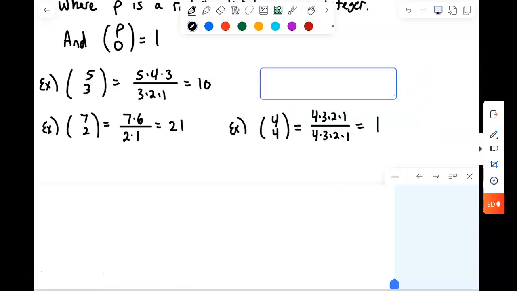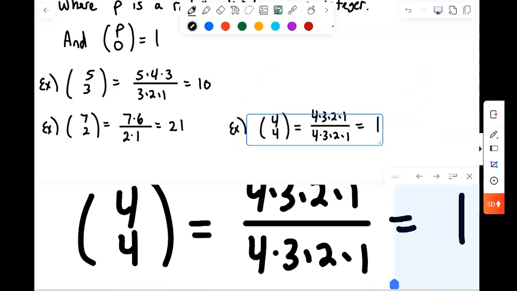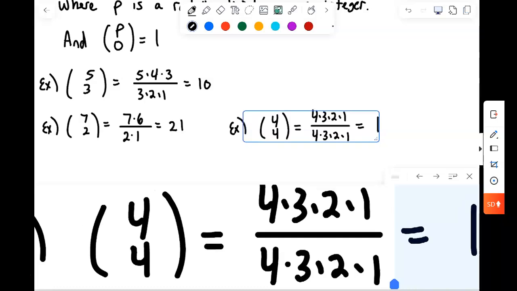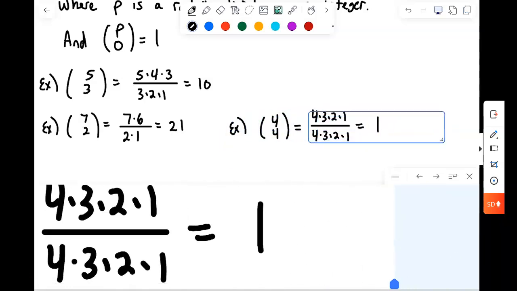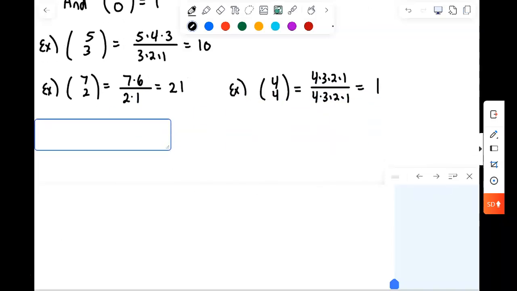That's always just going to be 1. If you ever have the binomial coefficient where you're choosing a thing with itself, that's always going to be 1.